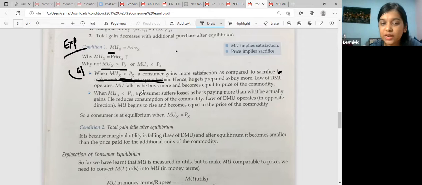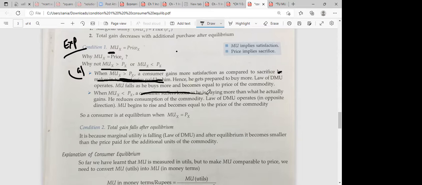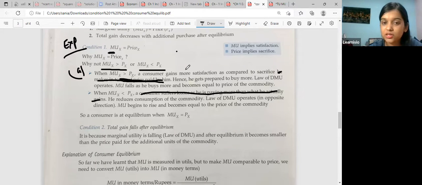Instead of more, just write less, because that will be easy for you to learn. So don't copy-paste it. You will write the same line, just after this write less: less satisfaction as compared to sacrifice. So he reduces consumption of the commodity X. Okay, clear?